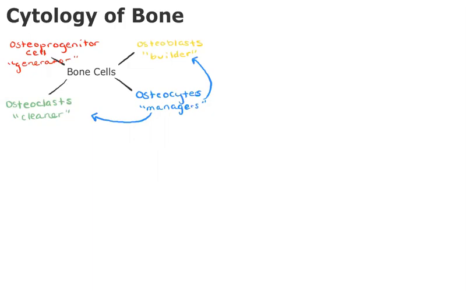So let's talk a little bit about these cells, where they come from, that kind of thing. So in lab, you've talked about how mesenchyme is the tissue that all of us start with or originate from, because it's the fetal tissue. And in that mesenchyme, the cells are going to differentiate into stem cells.